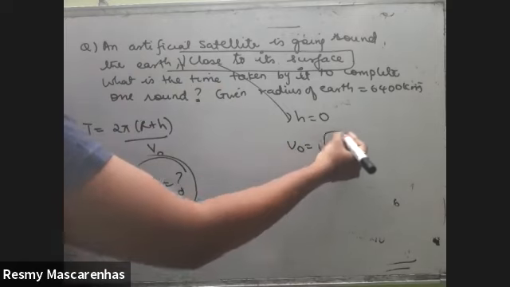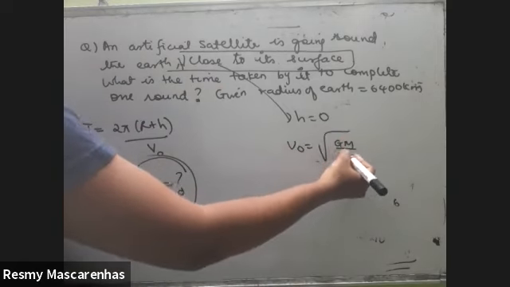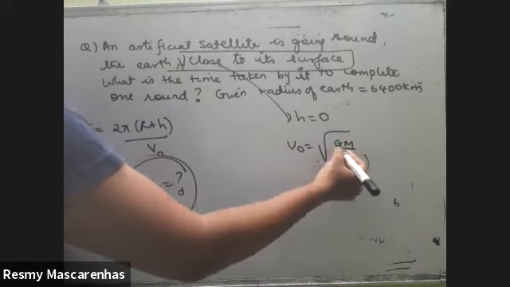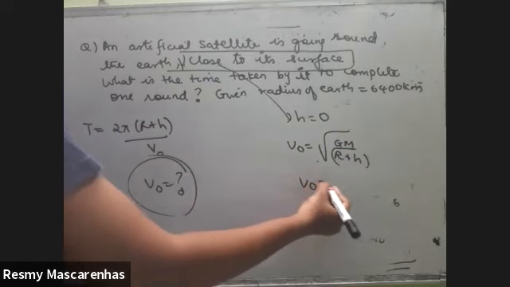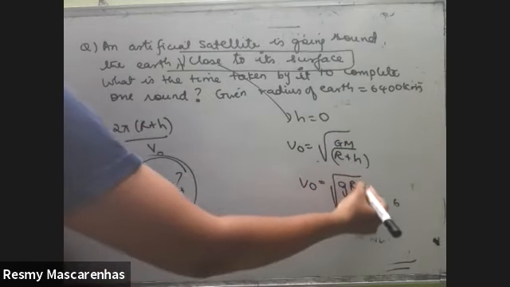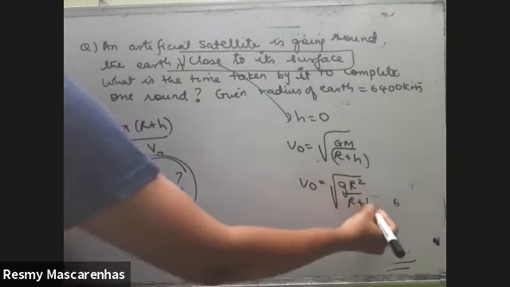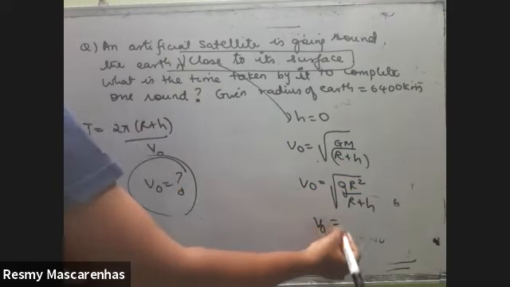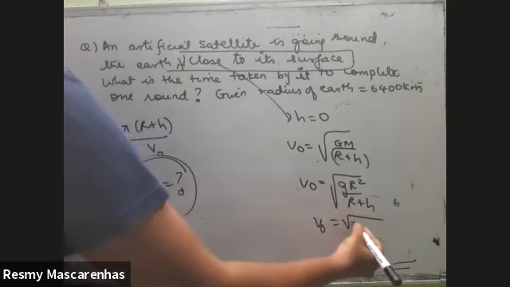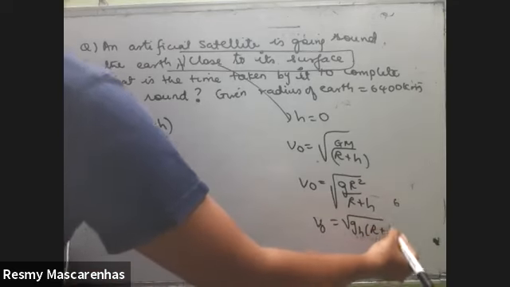Now we have seen two formulae for orbital velocity. These are all the possible formulae we have seen. In terms of gravity, this one is there, or in terms of gravity due to height, this one was there.